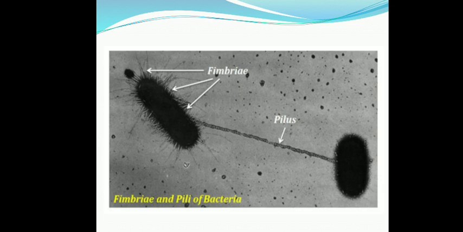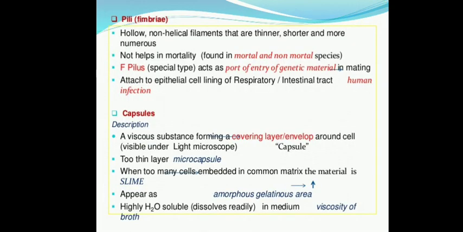They are involved in attachment with the female bacterium by forming a conjugation tube for DNA transfer from the male donor to the female recipient, and in this way the reproduction process is carried out further. Some examples of bacteria like Neisseria gonorrhoeae and Streptococcus pyogenes are bacteria which consist of pili.